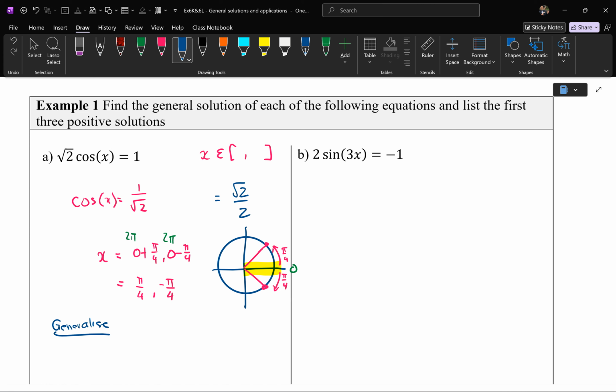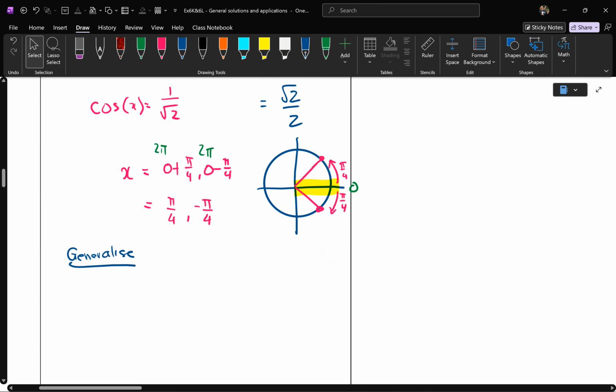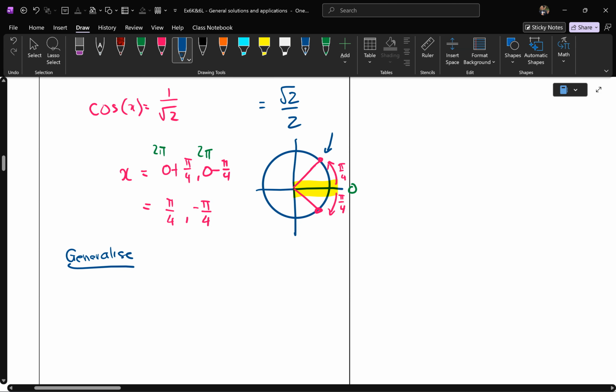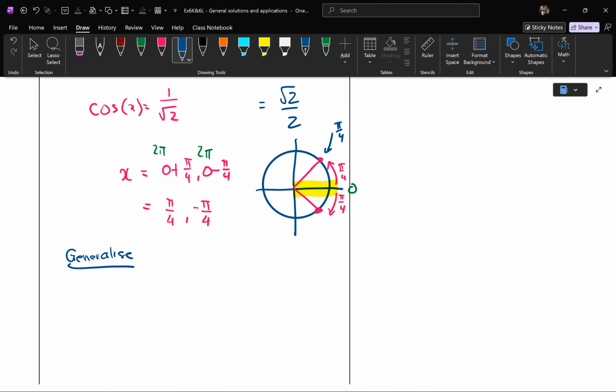you generalize. So how do you generalize your solutions? You already know this answer here is the result of, in my case, pi on 4. So if that's one solution, how do you generalize for all the other solutions? You normally have to add on the period. To get back to this same point, you have to add on a full revolution.